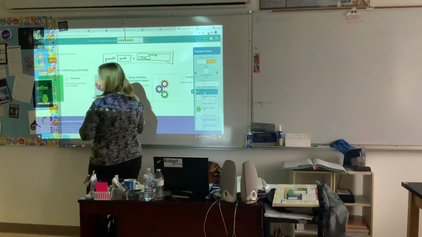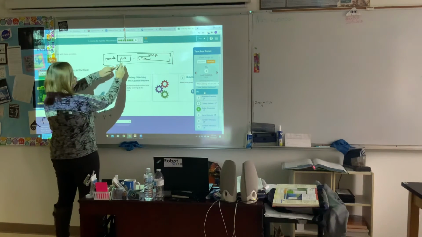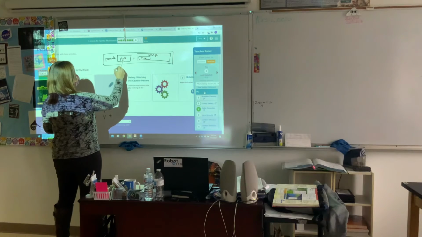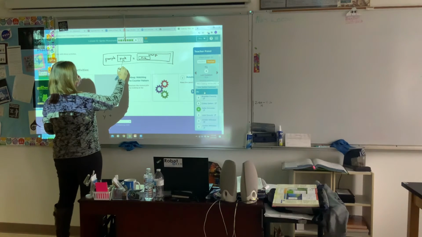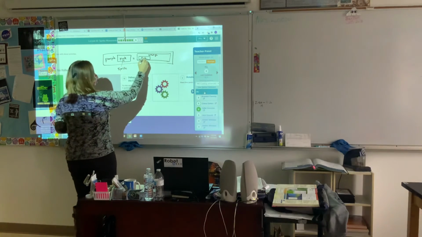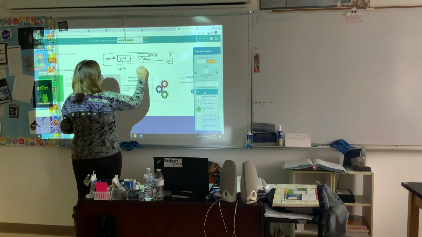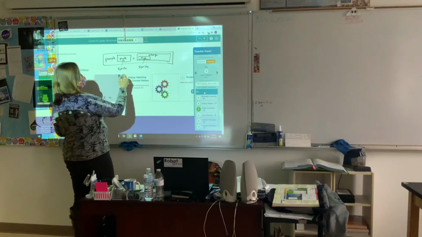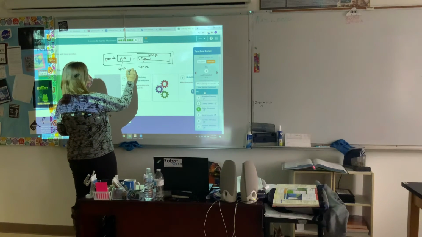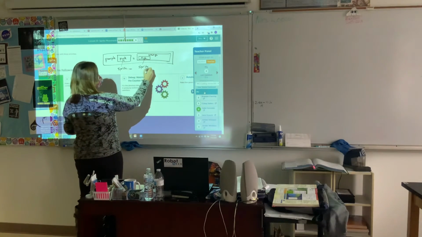If that makes sense. Because what we have here is this is a Sprite. And this is a Sprite. And it's going to be Sprite dot something.